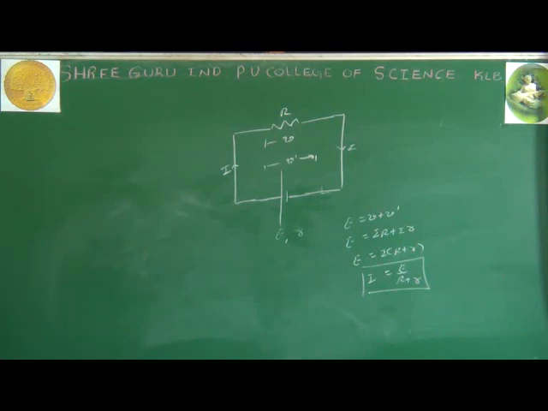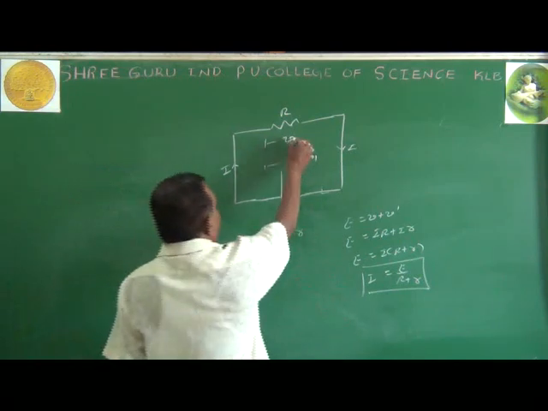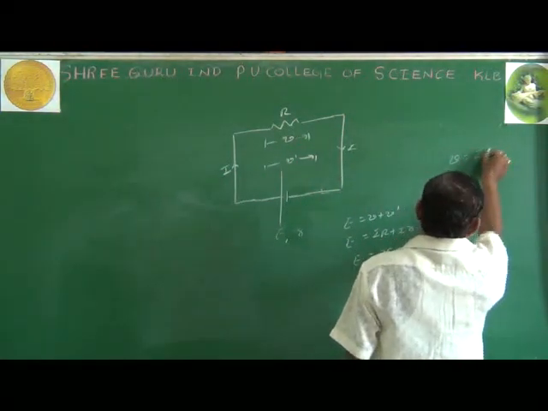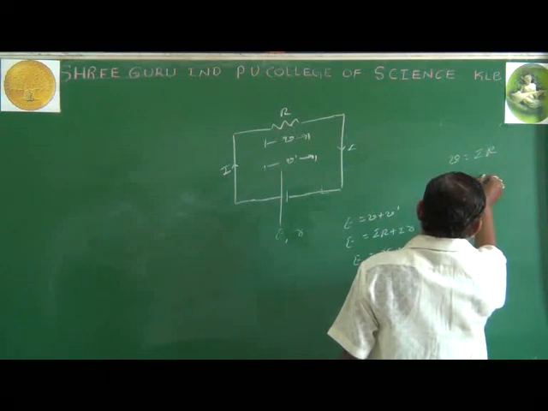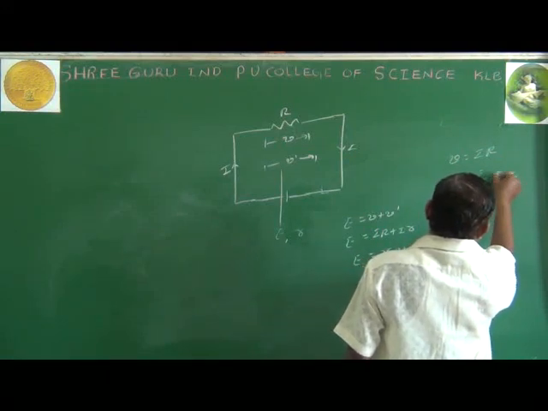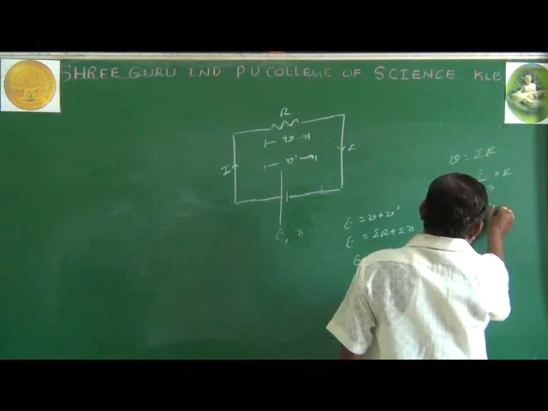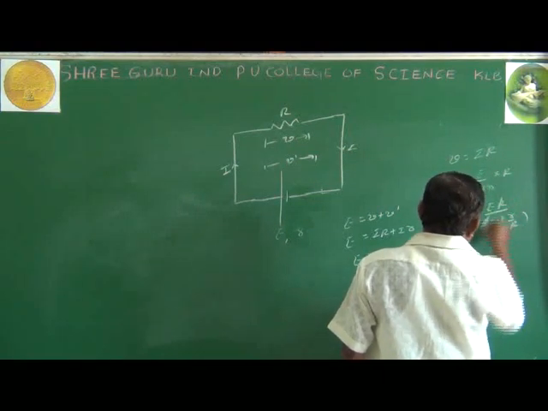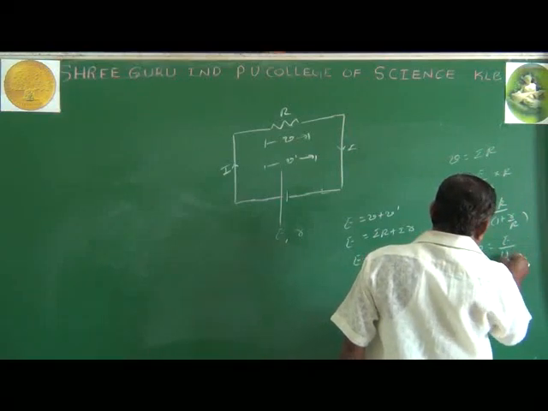The potential difference across the external resistance is known as the terminal potential difference. This is your equation. Quickly we go through the equations, within a fraction of a second.